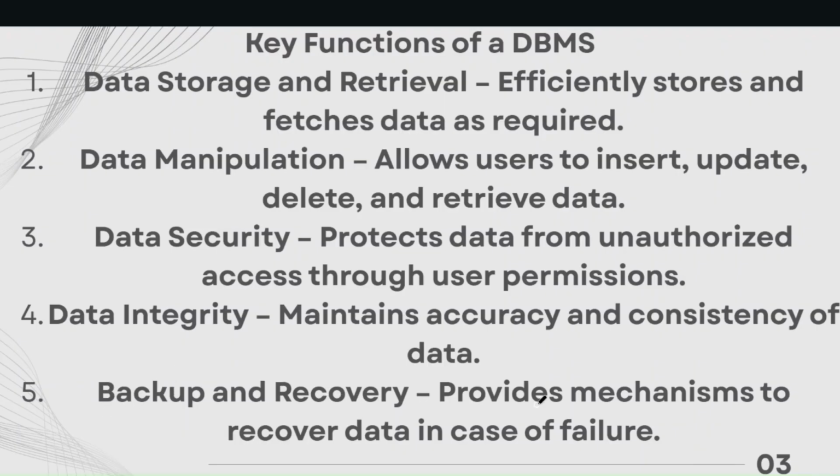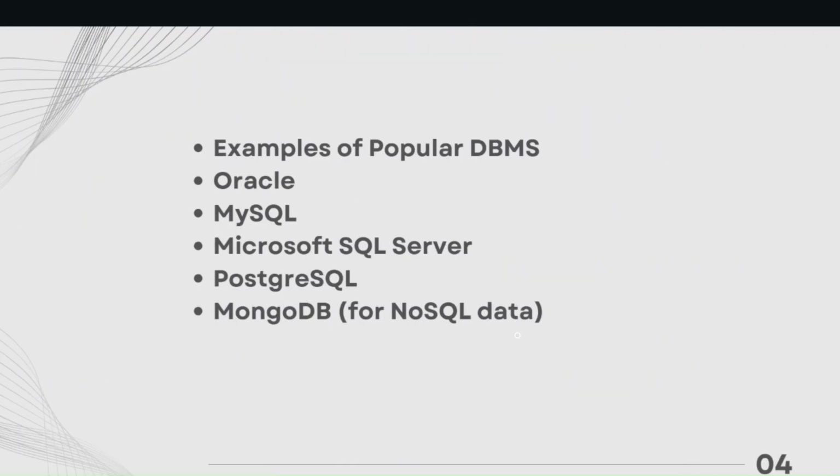Examples of DBMS. There are several popular DBMSs in use today, and they come in both commercial and open source varieties. Oracle Database, known for its high performance and used widely in enterprise applications. MySQL, an open source option commonly used in web applications and small to medium businesses.